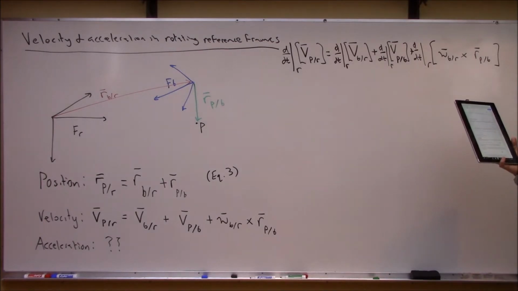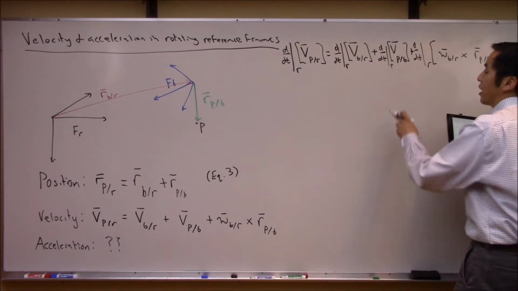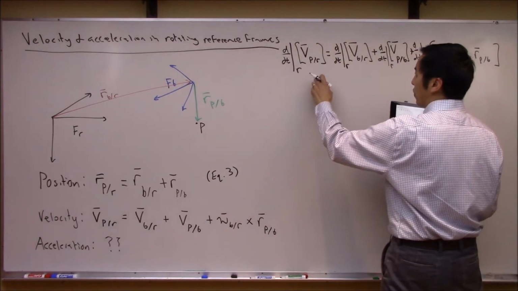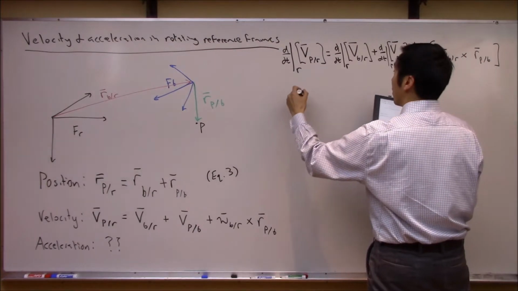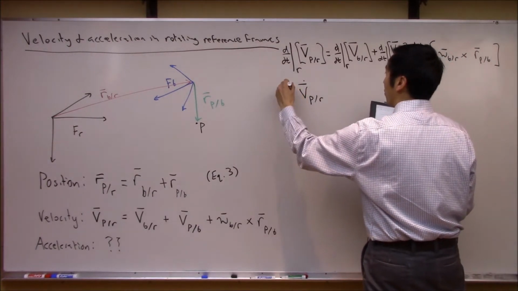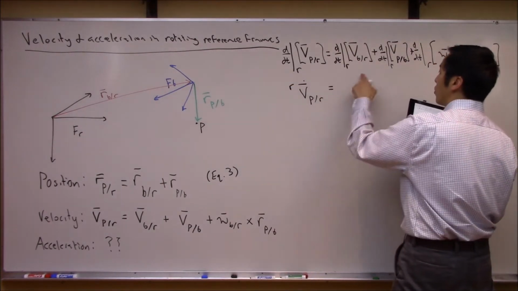Okay, so what we should do here is tackle this one term at a time. Again, the left-hand side is what we're looking for. Over here, this is v dot P with respect to R, from the reference perspective. It's now equal to these three terms.